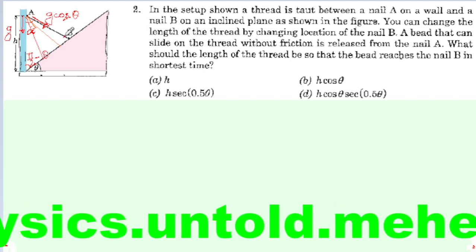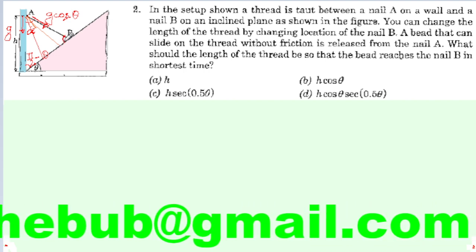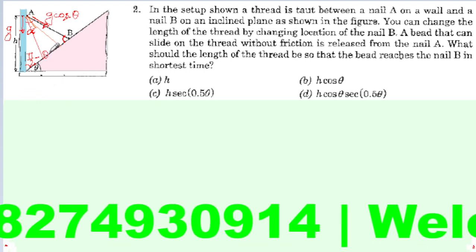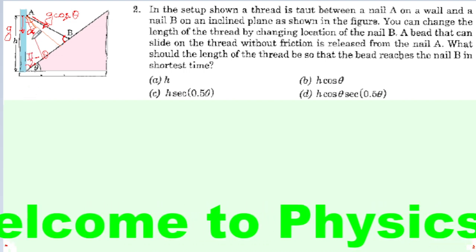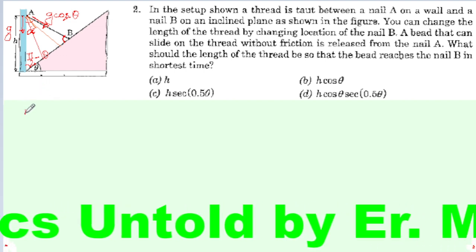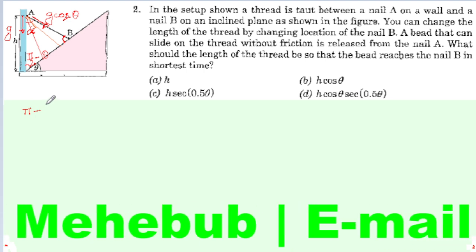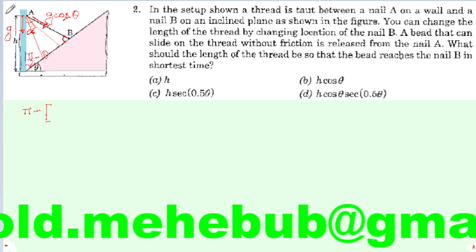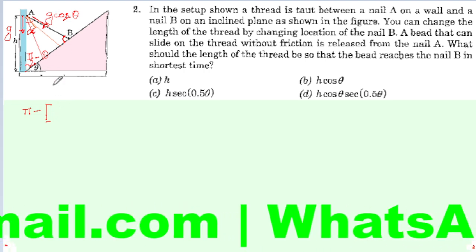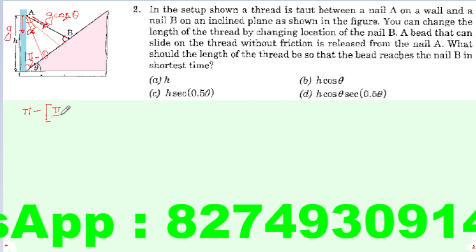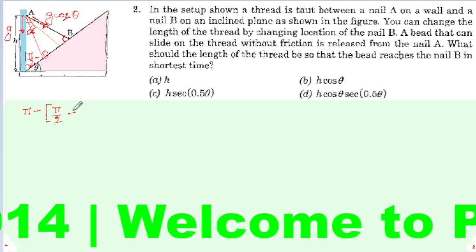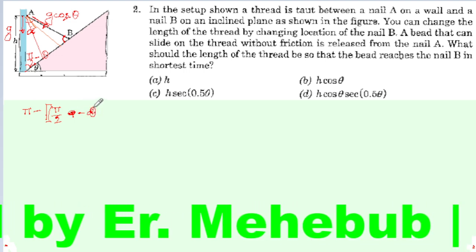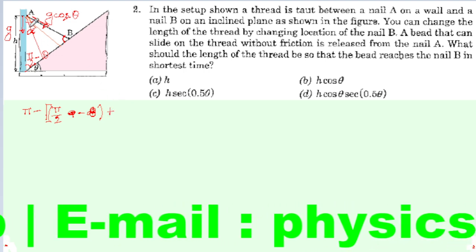Now let us calculate the angle which is made at the point B. As we know that the total angle in a triangle is equal to pi, the angle at B is pi minus the angles formed at the bottommost point of the inclined plane and at A. The summation of these two angles is pi divided by 2 plus pi divided by 2 minus theta, which is this angle, plus alpha, which is this angle.